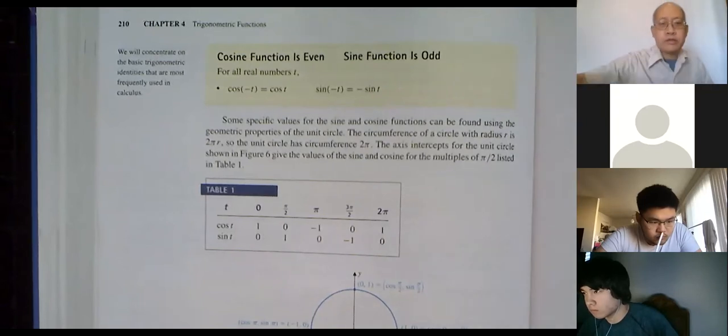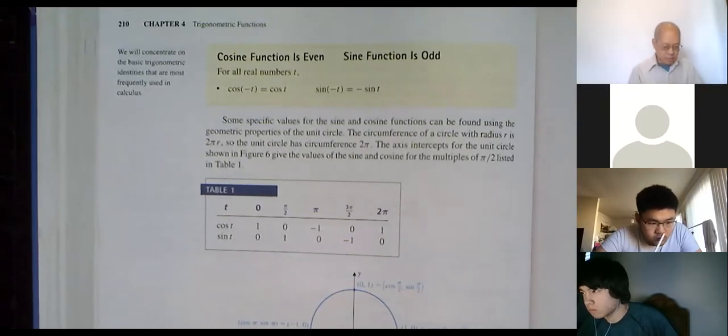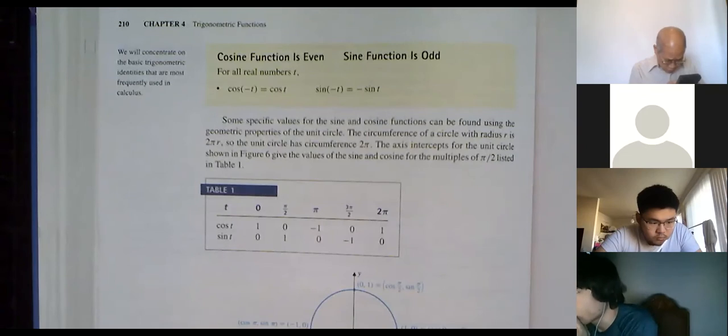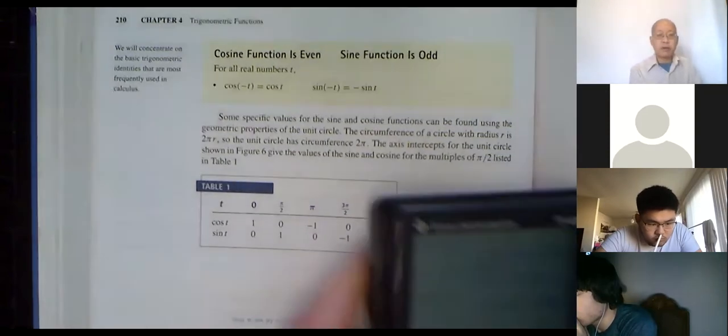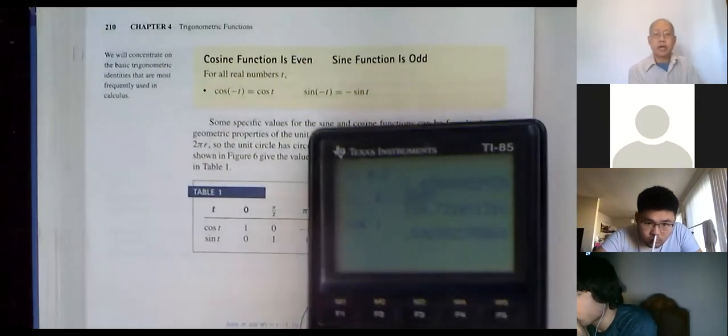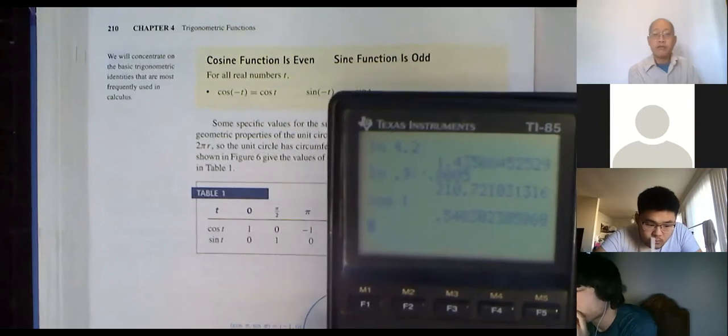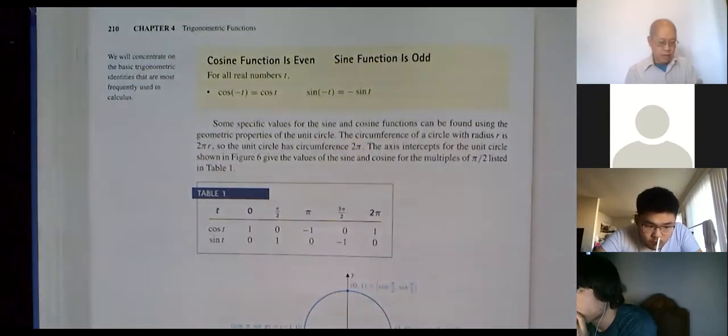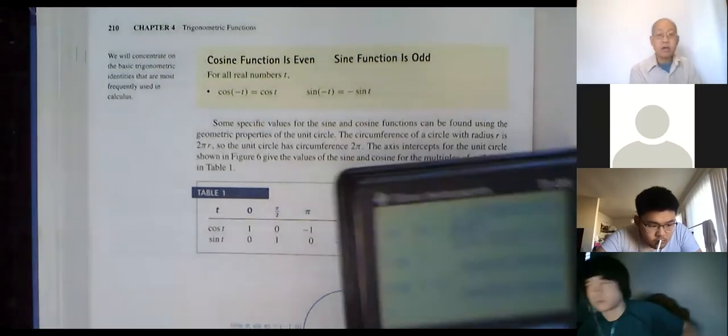Okay? So just for fun, let me type out something here. It doesn't really matter what mode you're in. I'm in radians. I hit cosine of 1 radian, 0.54 or whatever. And I'll hit cosine of -1.